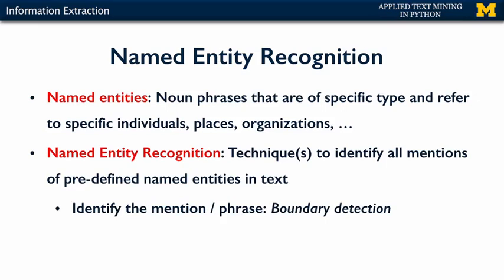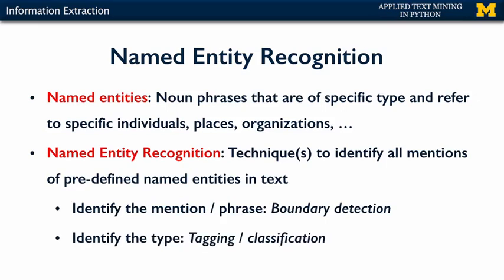Once you have understood the boundary, the next task is to type it, to tag it, or to classify it in one of the named entity types that you are interested in. So for example, if you have the word Chicago, it could be a place, it could be an album, it could be a font.